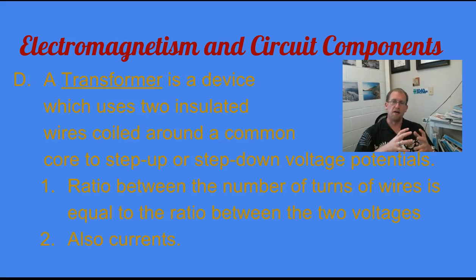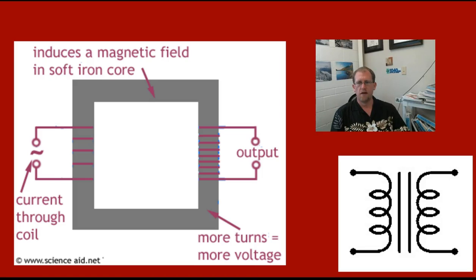Also, the power company will bring very high voltage lines to your home, and then we use a step-down transformer to bring less power into your home because you don't need thousands and thousands of volts of power. So these transformers step up or step down voltage potentials by using differing numbers of wraps of wire around a common ferromagnetic core. This is what a transformer looks like.